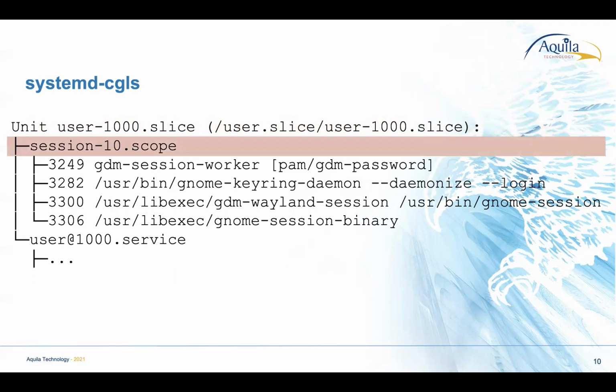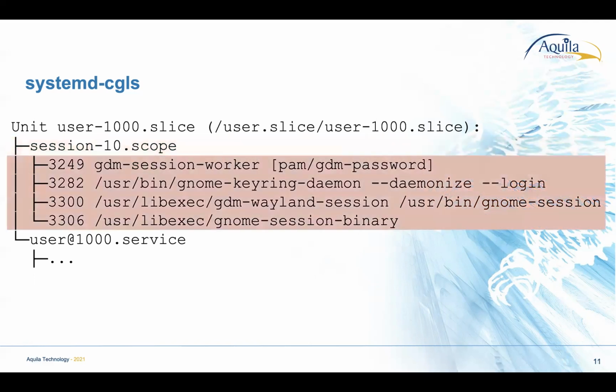And the first thing you see is the session-10.scope. That is Systemd logind's session 10. Every process that is launched as part of the login process ends up in here, and you can see right here the PAM GDM password.